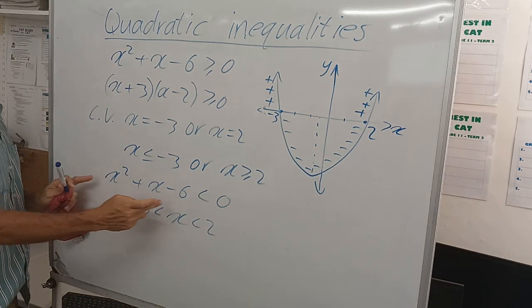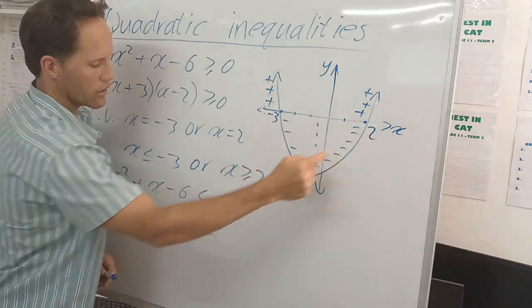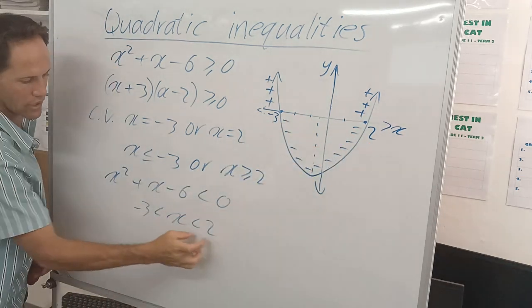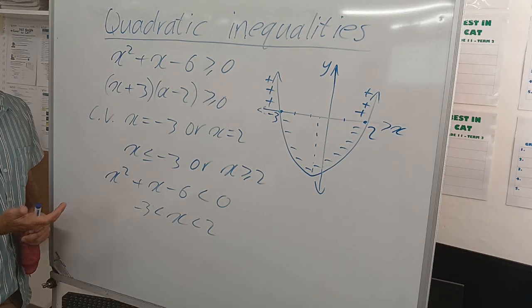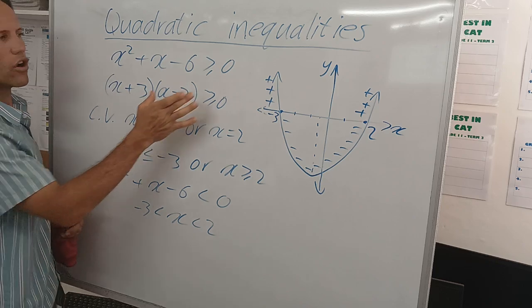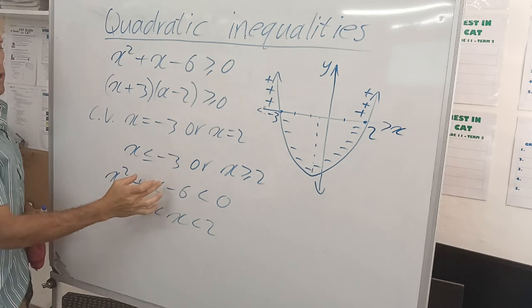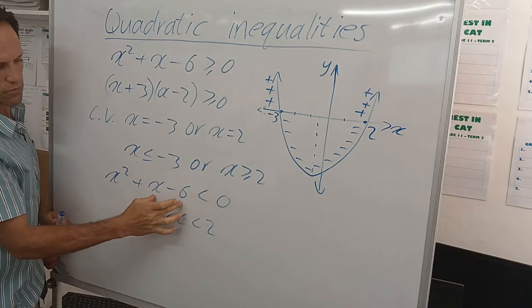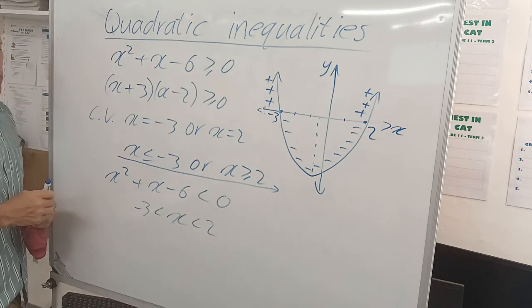So when you want to know where the graph is smaller than 0, it's between negative 3 and 2. So x is between negative 3 and 2, and then your answer just looks like that. Always with inequalities, it's one of the two. They're either going to ask you where is it bigger or equal to 0, or where is it smaller.